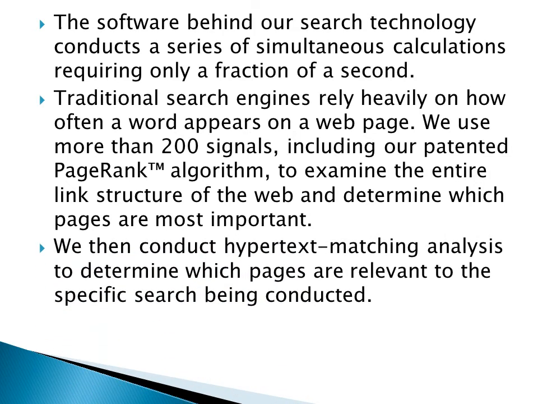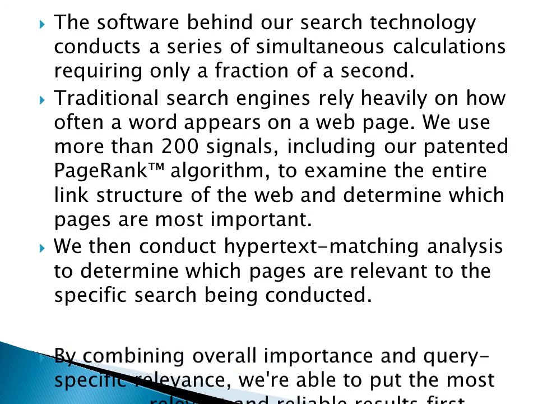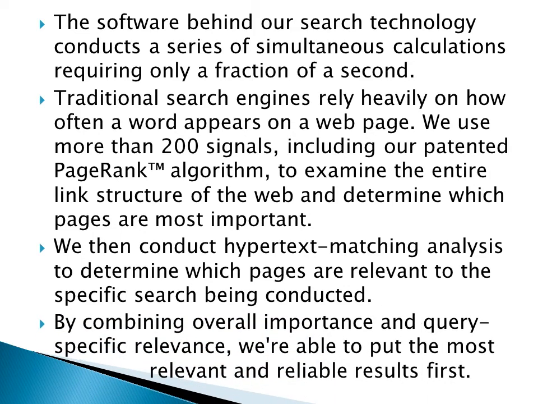We then conduct hypertext matching analysis to determine which pages are relevant to the specific search being conducted. By combining overall importance and query-specific relevance, we're able to put the most relevant and reliable results first.